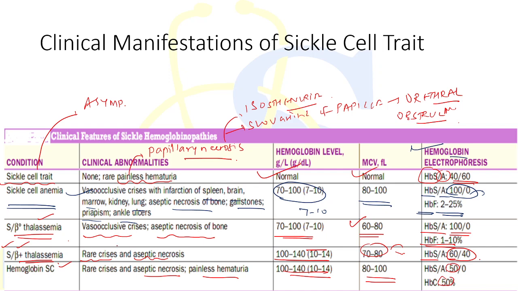Now, some important points about hemoglobin SC disease are that there is lesser degree of hemolytic anemia, and it is having increased propensity to develop retinopathy and aseptic necrosis of bone.